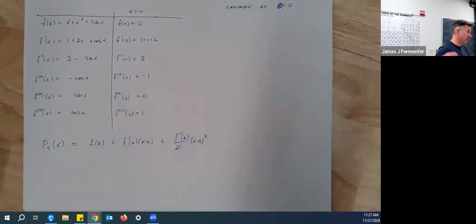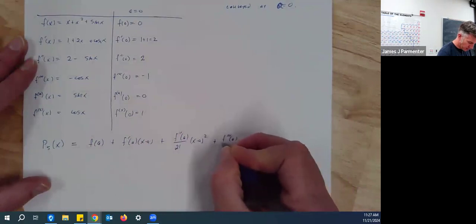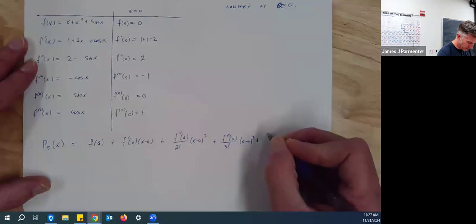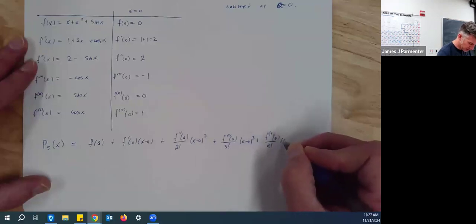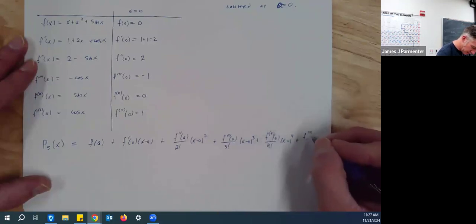Just the next derivative divided by the next factorial times the next power of x minus a. So it's going to be f triple prime of a over 3 factorial times x minus a cubed plus the fourth derivative at a over 4 factorial times x minus a to the fourth. Finally, the fifth derivative at a over 5 factorial times x minus a to the fifth.